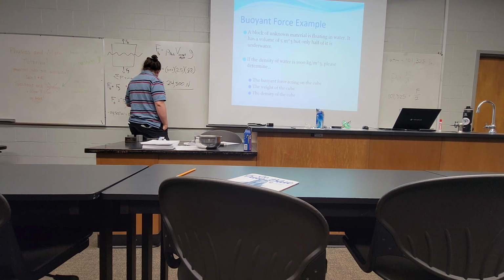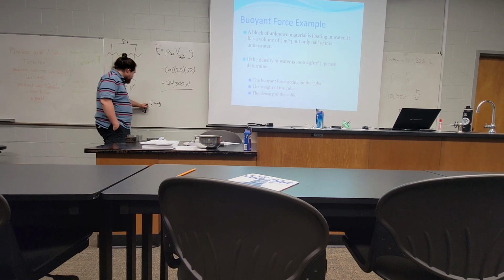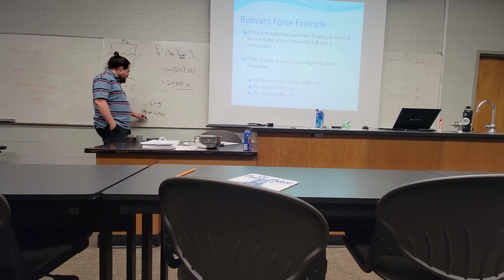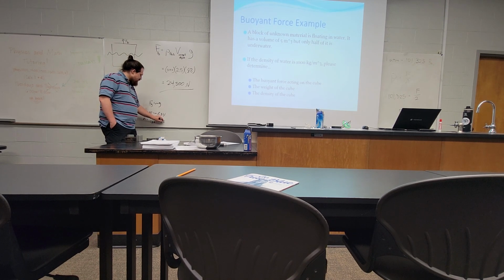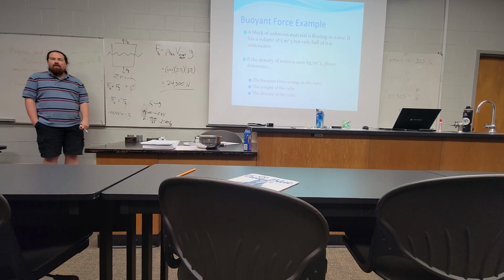So Fg equals mg, negative 24,500 equals m times negative 9.8. The mass turns out to be exactly 2,500 kilograms, so about the mass of a truck.